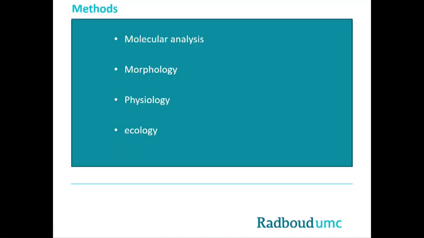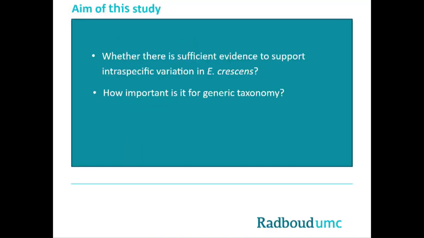So that's the aim of the study. We would like to investigate whether there is sufficient evidence to support the intraspecific variation in this species, and how important the variation is to the generic taxonomy.